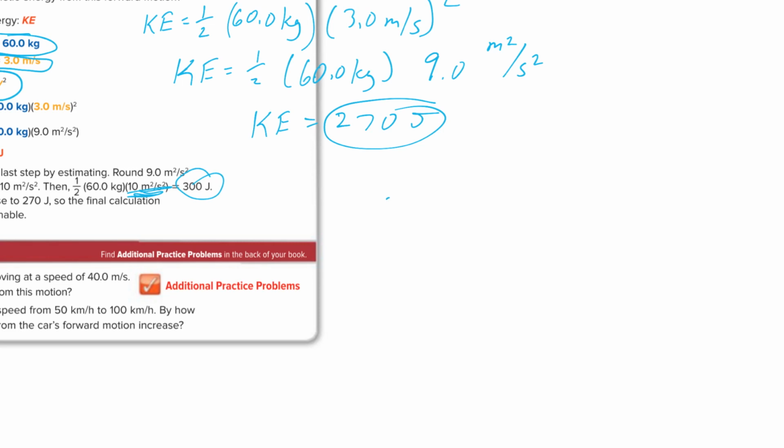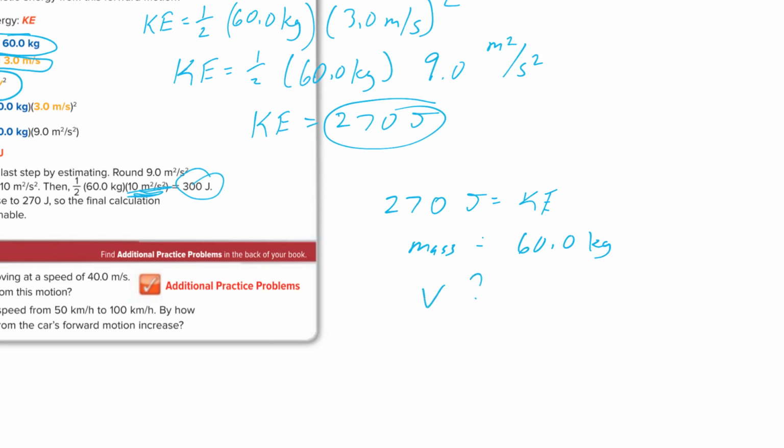So maybe they said you had 270 joules, and that is your kinetic energy. And maybe they said you had an object that was 60 kilograms and it had 270 joules. How fast was it moving? So you know your mass would be 60 kilograms, and v you wouldn't know.